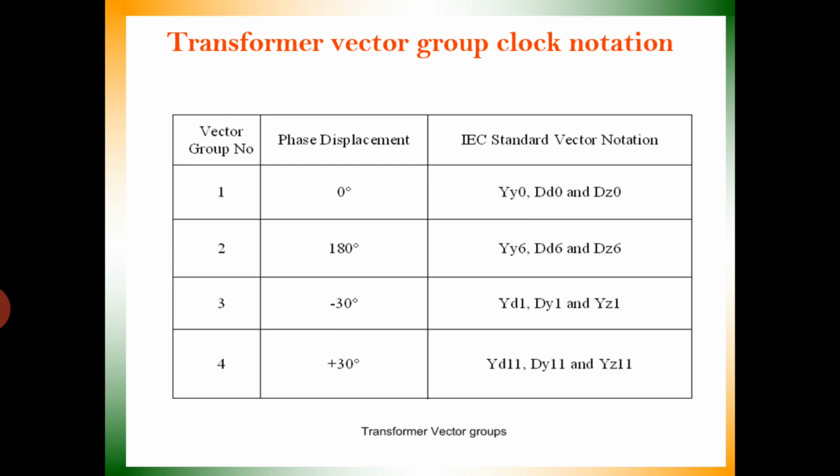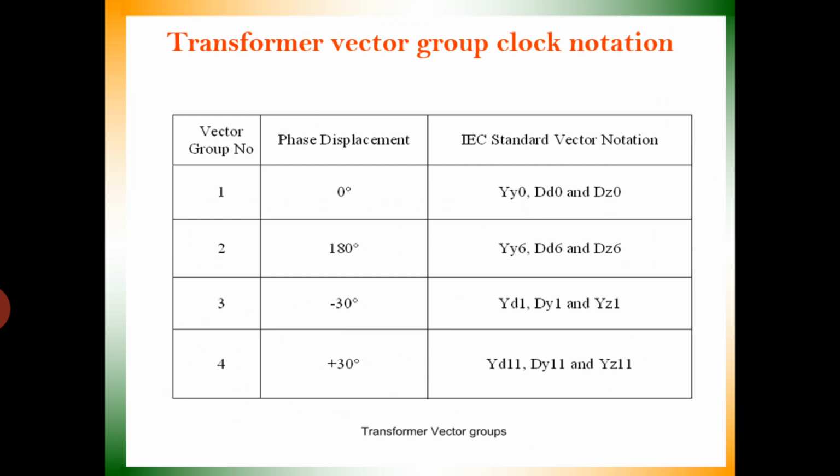Similarly, in the second notation, DY11 means high voltage winding connected in delta, low voltage winding connected in star, and the numerical value 11 makes clear that the star connected LV winding leads the delta connected HV winding.